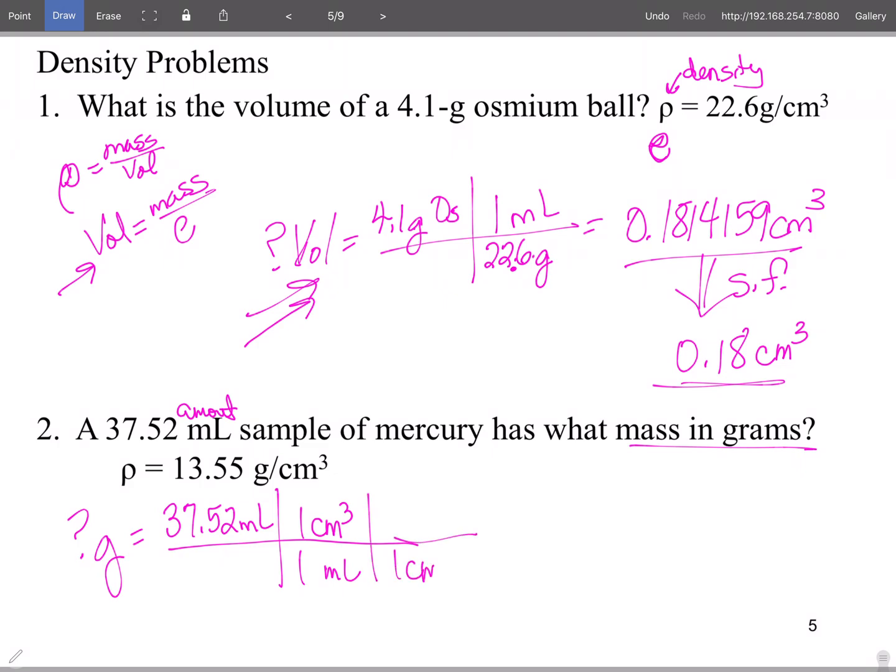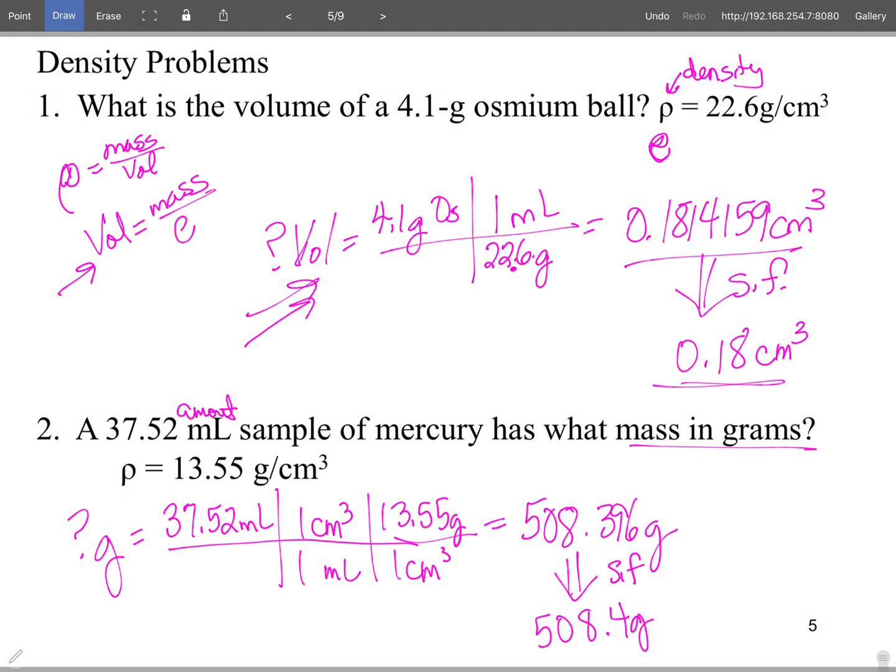We want our cubic centimeters down here, which means we want our grams up here. When we look at this problem, everything on top is multiplied, everything on the bottom is divided. So we end up with 508.396 grams. But if we use our significant figures, we would end up with 508.4 grams of mercury in this sample. And again, we can use the density directly, grams per milliliter, or we can use milliliters per gram.